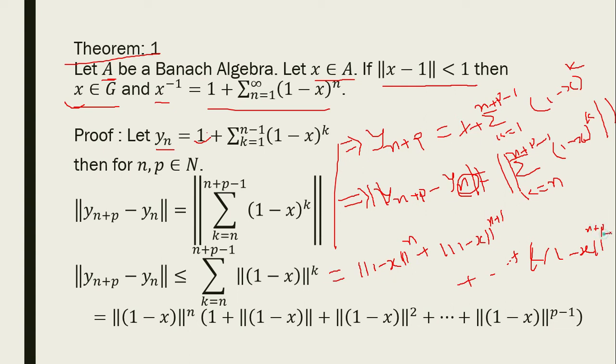In this summation we take norm (1 minus X) raised to n common.